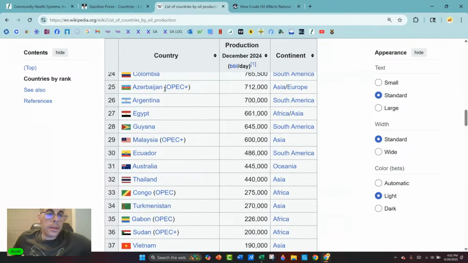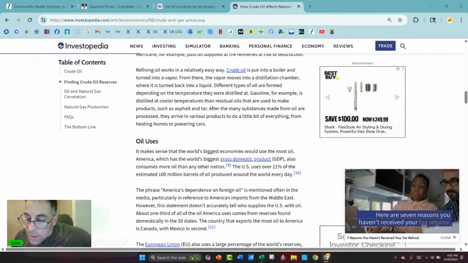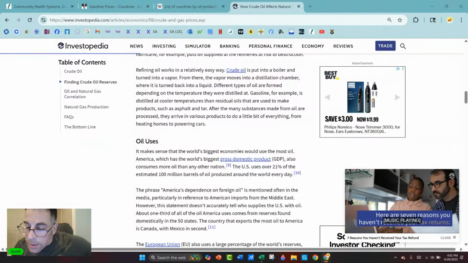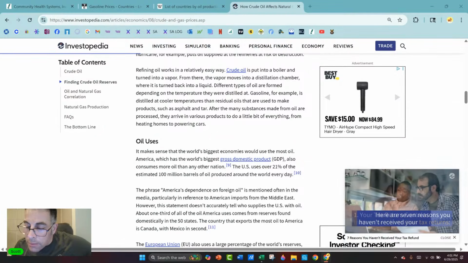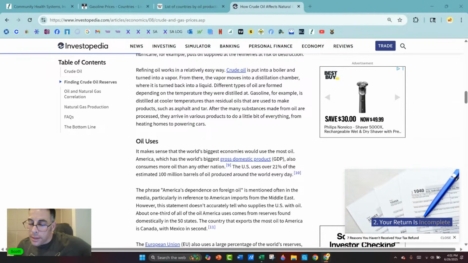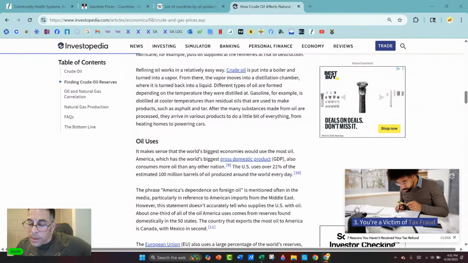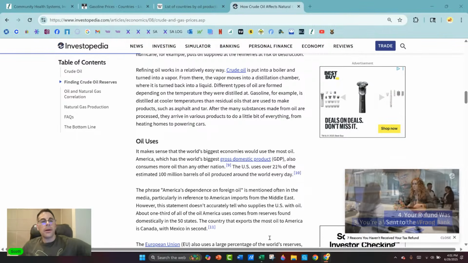Okay, so let's see. What is refining? Switzerland is almost $8 a gallon. I remember when oil was under $1.